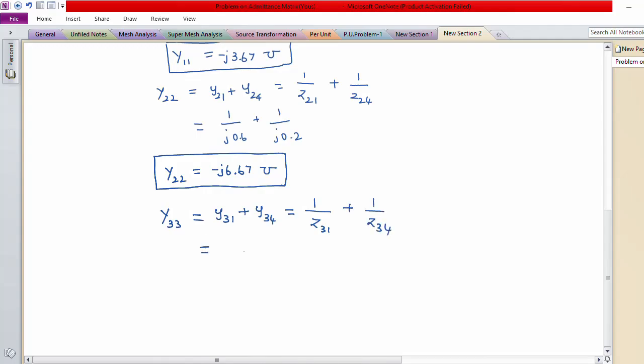Now the impedance value of line 3 to 1 is J 0.5. That is from the network. That is 1 divided by J 0.5 plus similarly for the line 3 to 4, the impedance is J 0.5. So now the Y33 value becomes minus J4 mho.